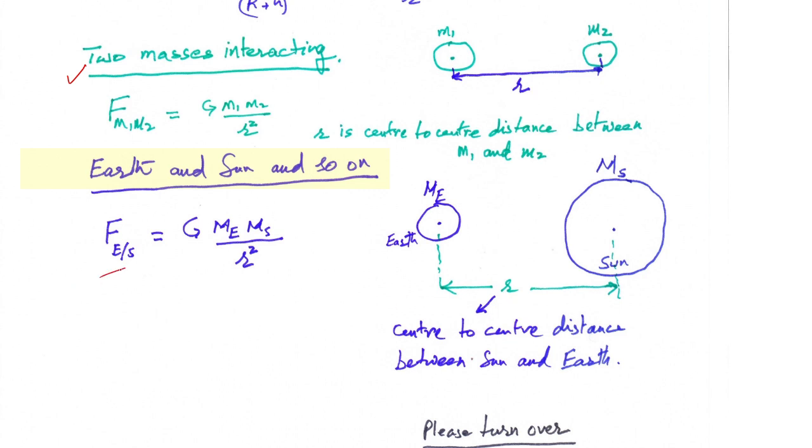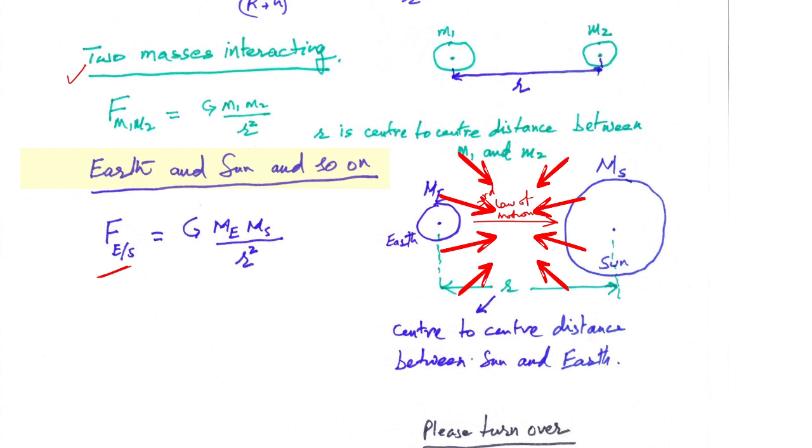Mind you, if the Sun attracts the Earth with a gravitational force, then to follow the third law of motion, the Earth is also attracting it with the same force.